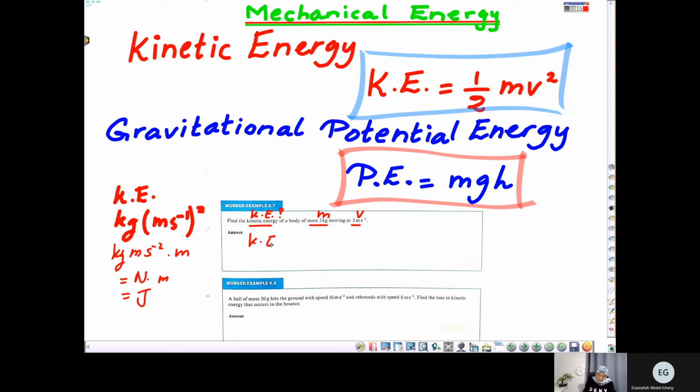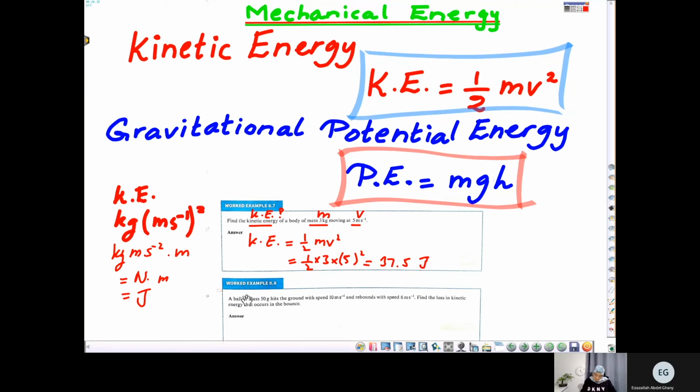So KE is half mv squared. Just calculate it. It is half multiplied by mass multiplied by 5 squared. The answer will be 37.5 joules.